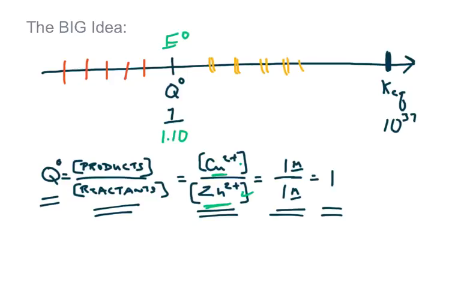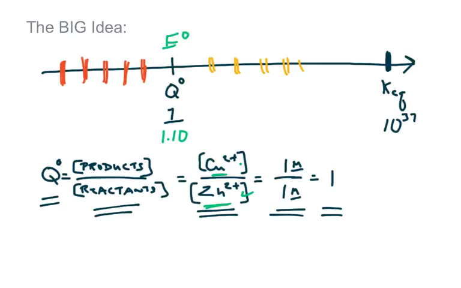And as I go along, my voltage is going to be less and less than positive 1.10 volts. And the same way, if I started with more of my reactants and less of my products, if my Q turns out to be smaller than 1, then I know that I'm even farther from equilibrium, and I will get a voltage greater than 1.10.